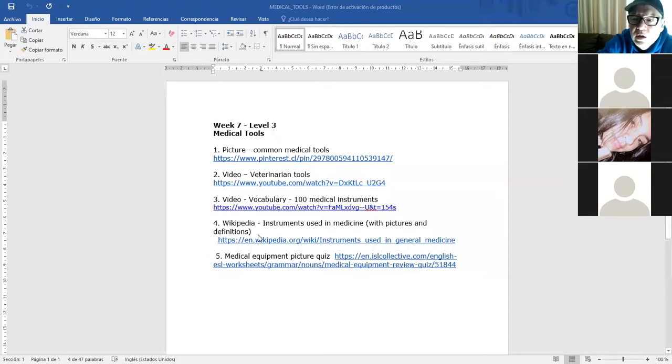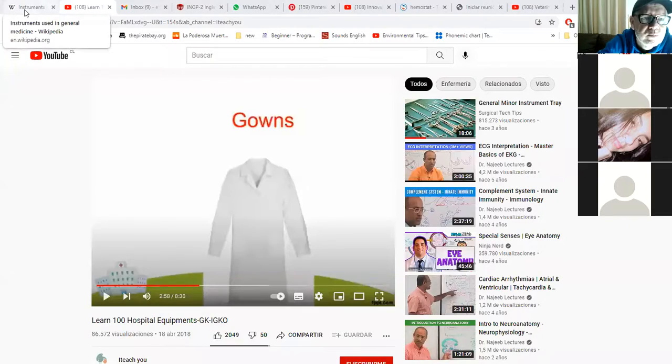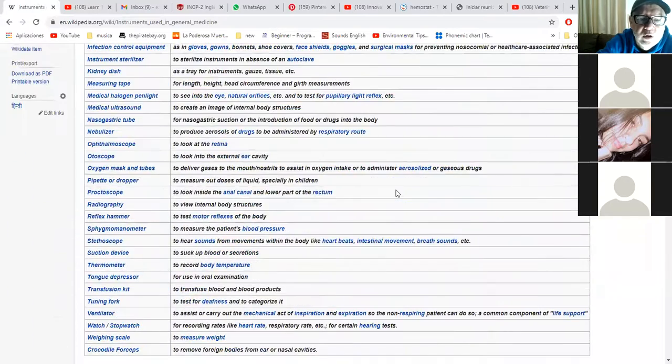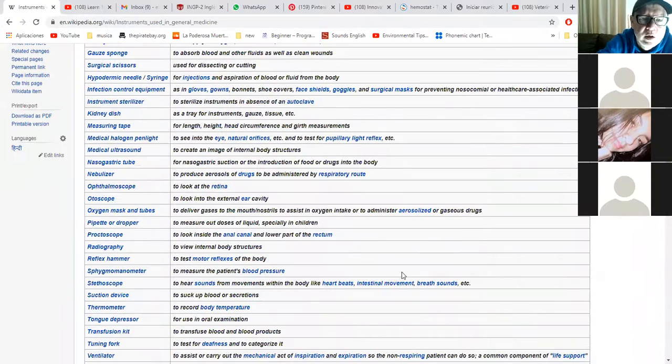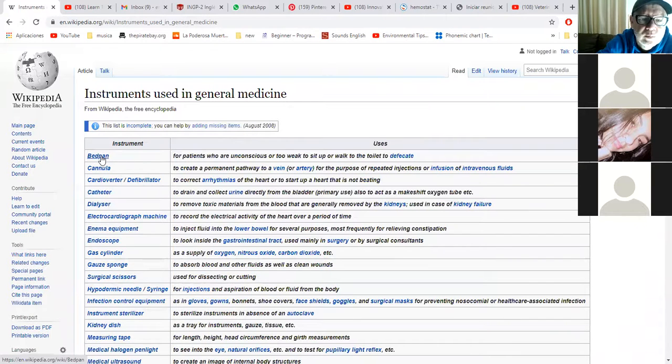Activity number 4 is Wikipedia. This is a link from Wikipedia with instruments used in medicine, with pictures and definitions. Let me show you that. It's very interesting, very cool, very practical. So you have a list of the most typical medical tools.